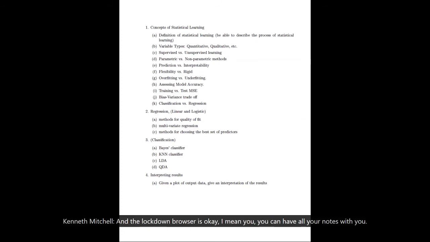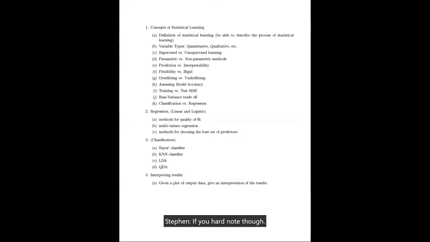And the lockdown browser is okay. I mean, you can have all your notes with you. The hard notes, though, based on what I'm hearing. So that way has worked. And then you just submit. There's a link. You have to submit them.